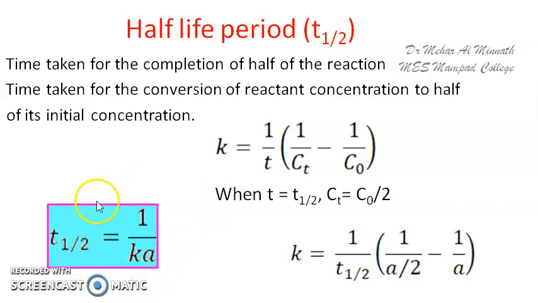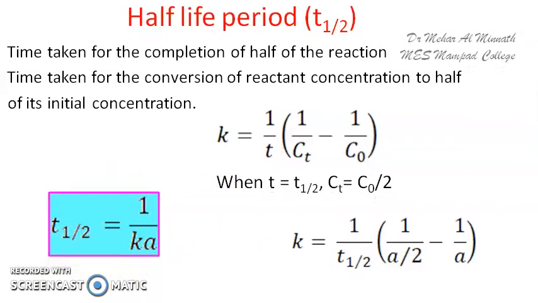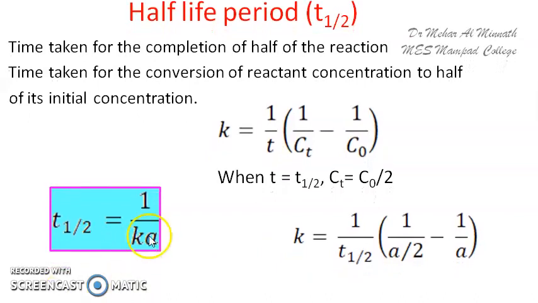Now from this expression, you can see that the half-life period of the second order reaction is inversely proportional to the initial concentration. Remember, for first order reaction, the half-life period was independent of the initial concentration of the reactant, but here the half-life period for a second order reaction is inversely proportional to the initial concentration.